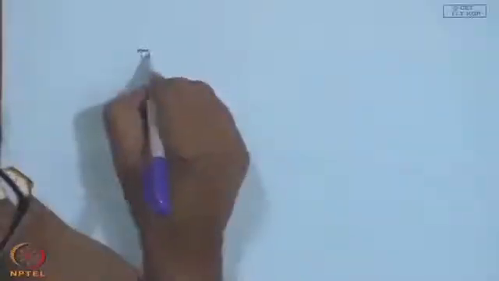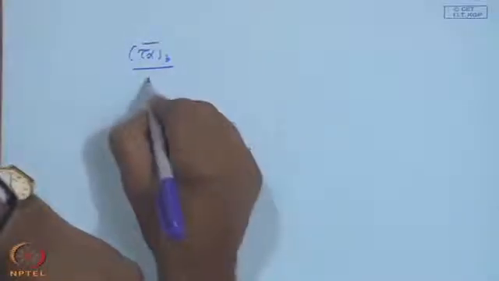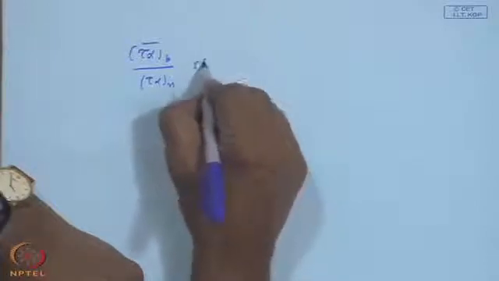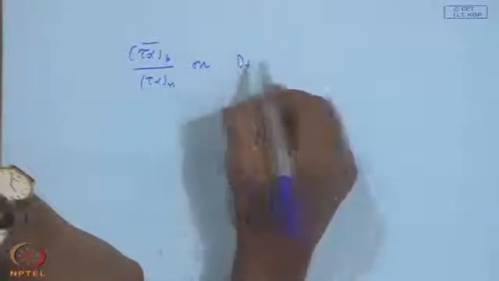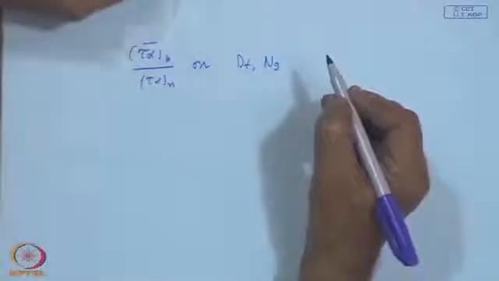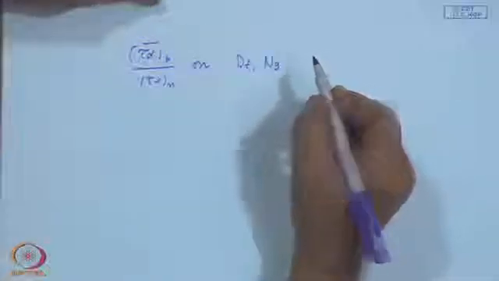So, before we proceed to examine the dependence of tau alpha bar b upon tau alpha normal, on particularly the diffuse fraction and the number of glass covers, like we have done for the monthly average calculation for the direct radiation.